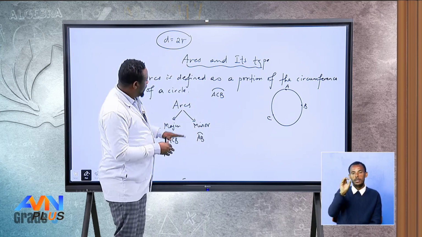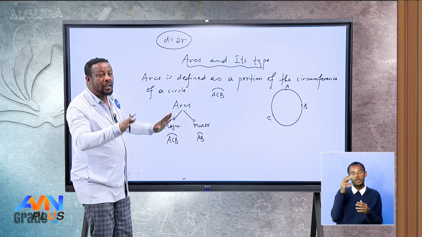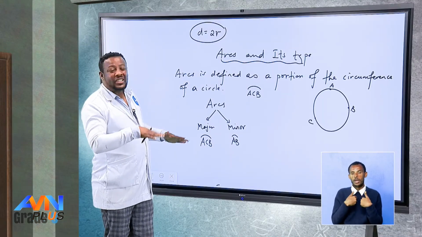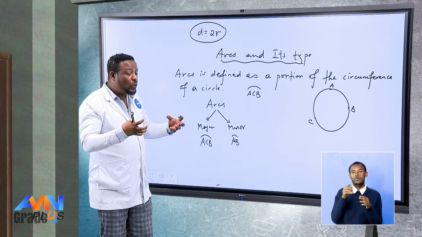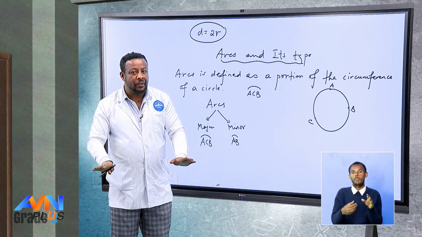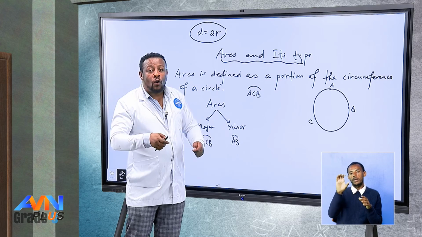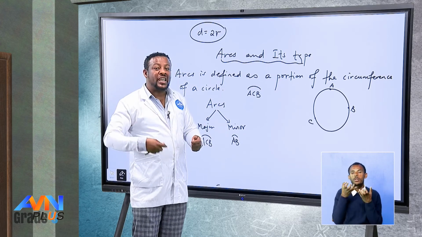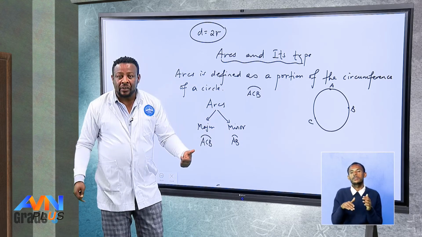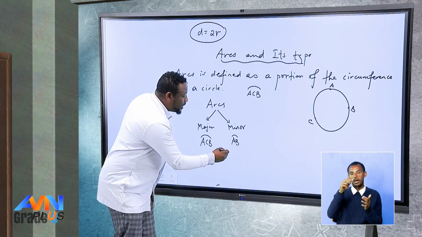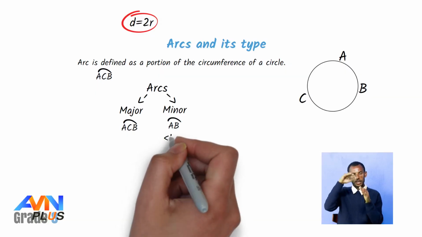So you need to keep this thing, because in our future discussion we will have these namings. You need to sense what we mean by major arc and minor arc, right? So in terms of number, a minor arc is an arc whose degree measure is less than 180 degrees.